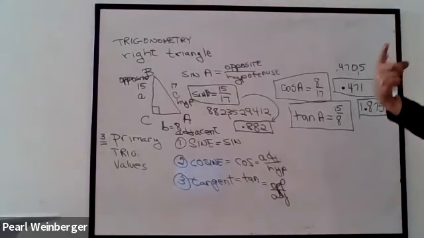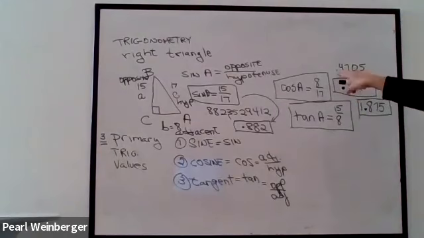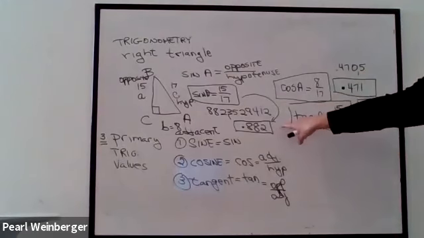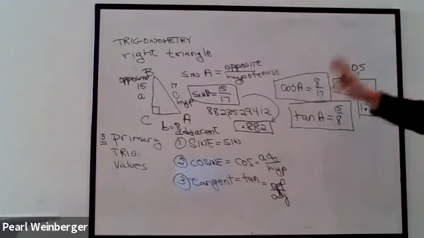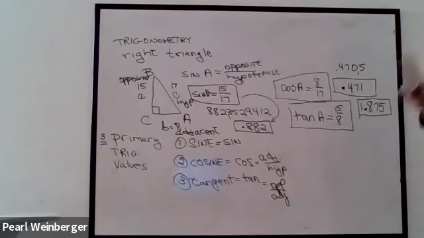It turns out the sine and the cosine always will start with a decimal point. They'll never have a number in front of them. It's less than 1. The tangent sometimes is less than 1, sometimes it's more than 1. In other words, sometimes it starts out with a number in front of the decimal point.